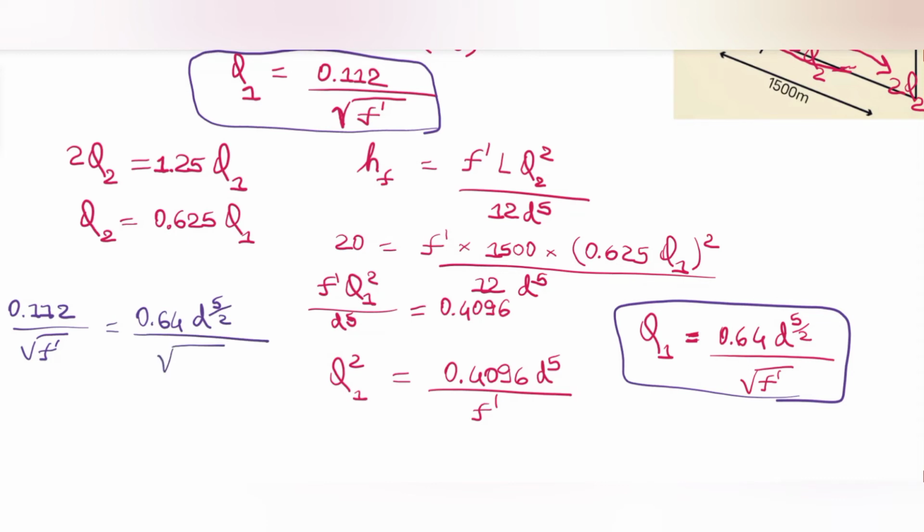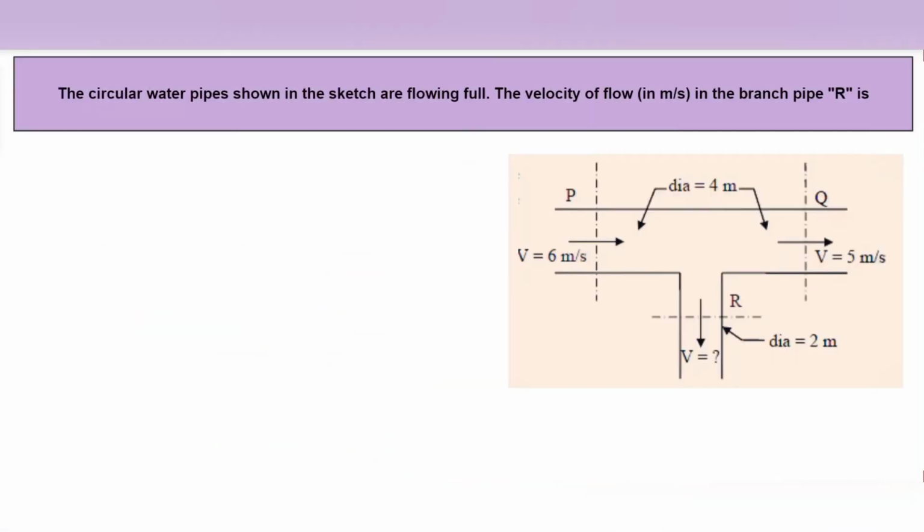Root F dash will get cancelled, and on solving this we'll get the value for d, which comes out to be 0.498 meter. Writing it in centimeter, it will be 0.498 into 100, which is 49.8 centimeter, which is approximately equal to 50 centimeter. Let's see the next question.